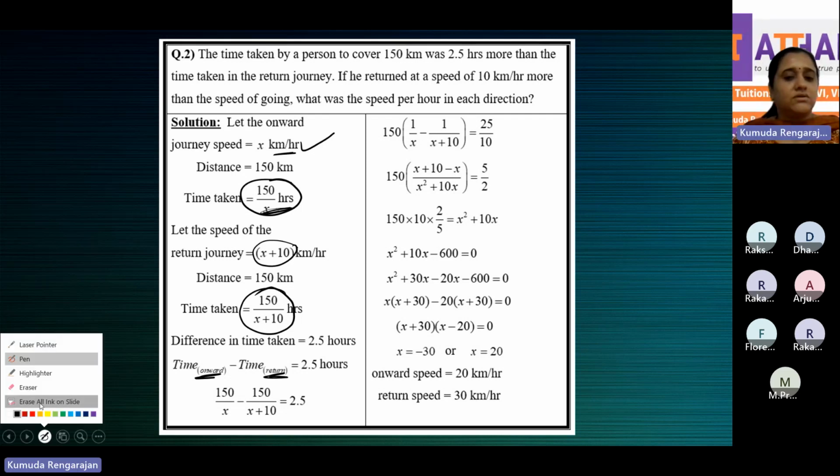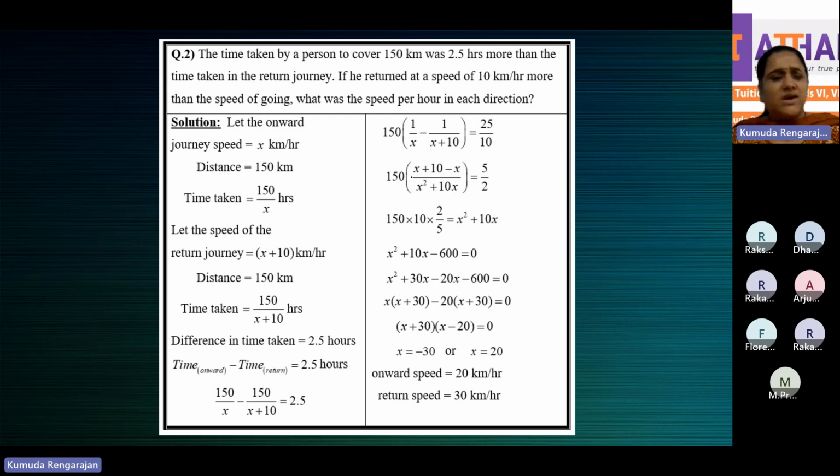Then substitute 150, same way I've worked. I normally work everything in the same way so that we get used to one way of working. So same thing, LCM, and then I gathered all the numbers on one side. Here I brought this 5/2 to this side, so 2/5. Here minus x and plus x gets cancelled. So like this we get a quadratic equation.